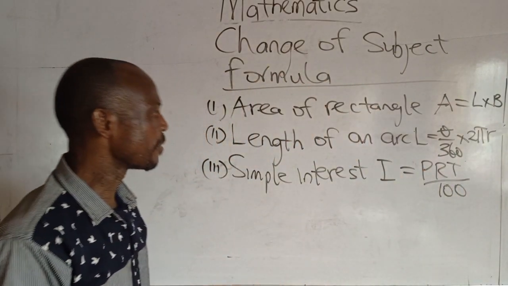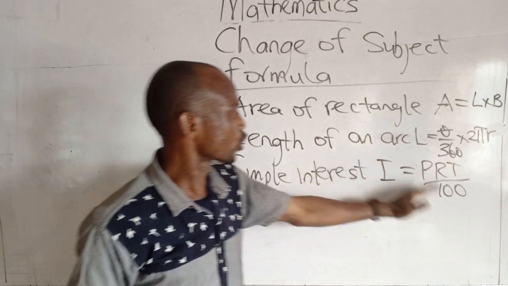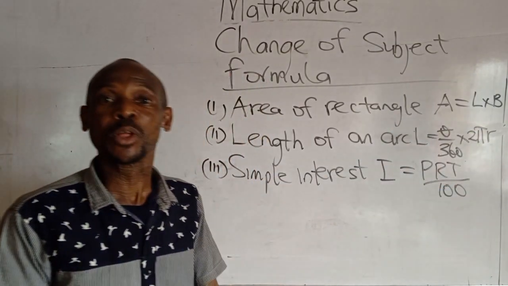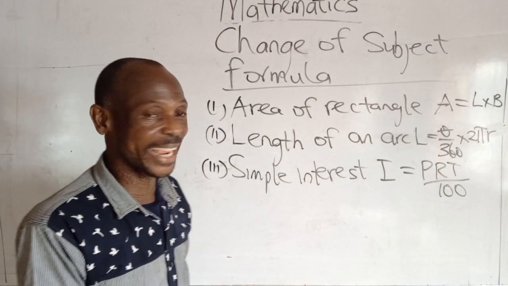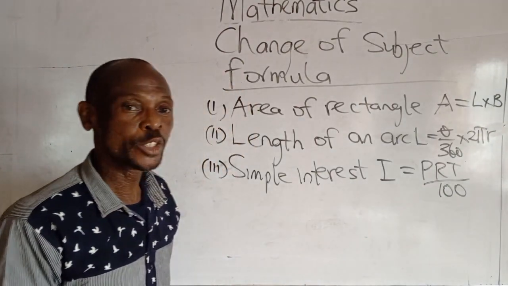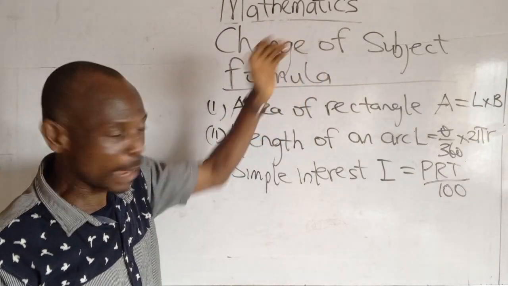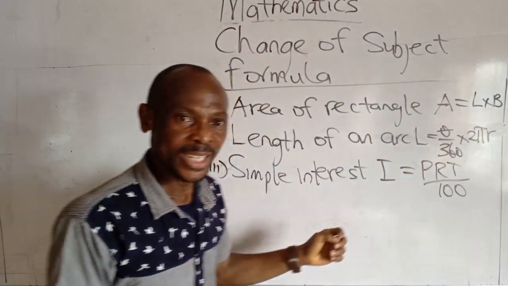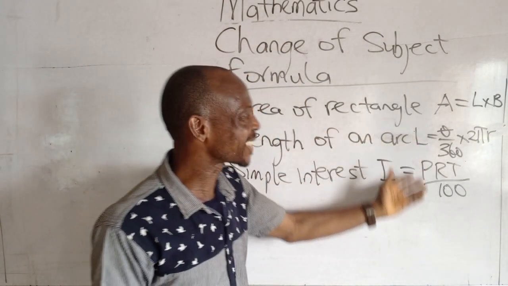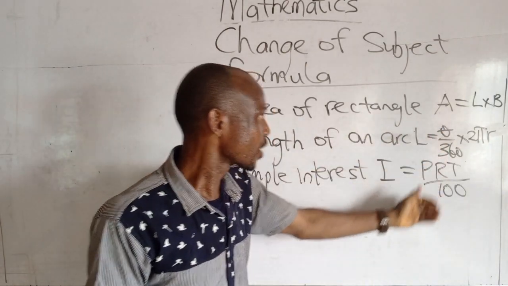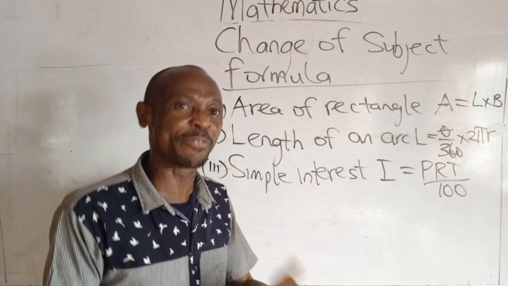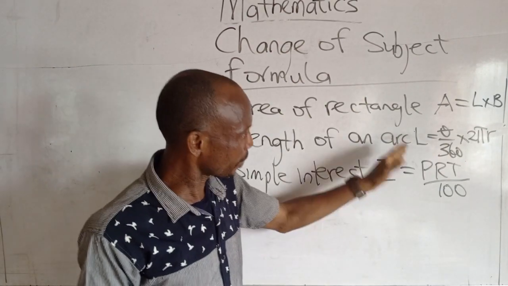Now, these given formulas, they are used to solve one mathematical problem or one problem in science or the other. So we say that a formula is a mathematical equation that contains either letters, symbols that represent a given value to solve problems.